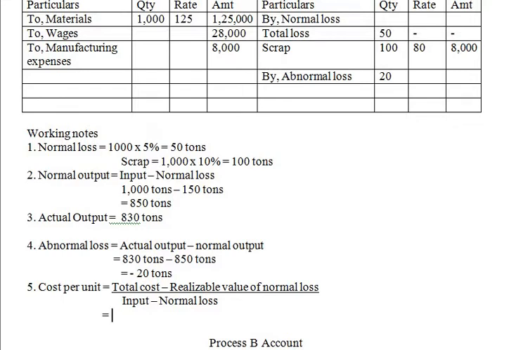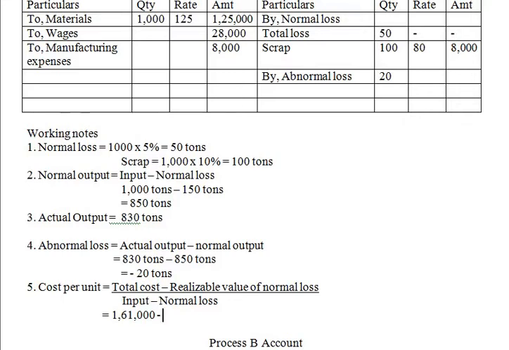So as still we have not closed the account, as we have not recorded abnormal loss yet, roughly we are going to calculate how much is total cost. Just make total of this debit side. So you will get 1,61,000 minus realizable value of normal loss.